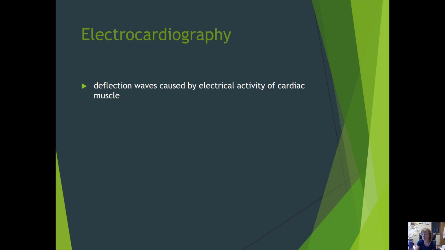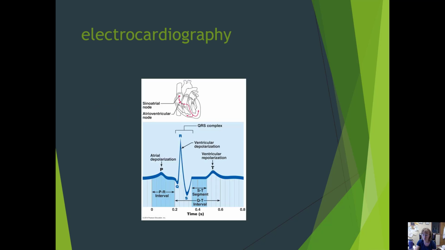All right, so if we take a look at electrocardiography, so here is one measurement of the electrical activity of the heart. I'm not going to go through a lot of information about this, but essentially just want you to know what's going on here. First with electrocardiography, make sure that you know that we are not tracing where the signal is going through the heart.